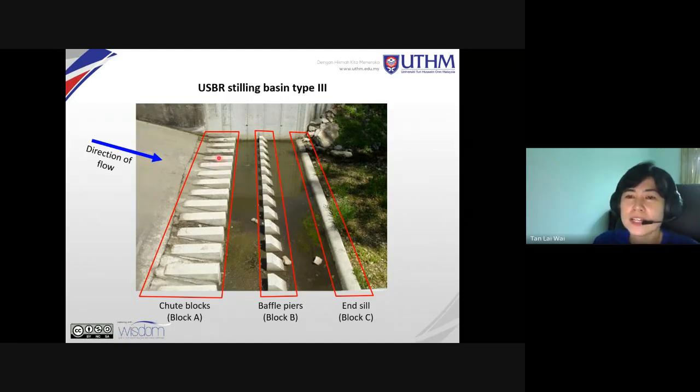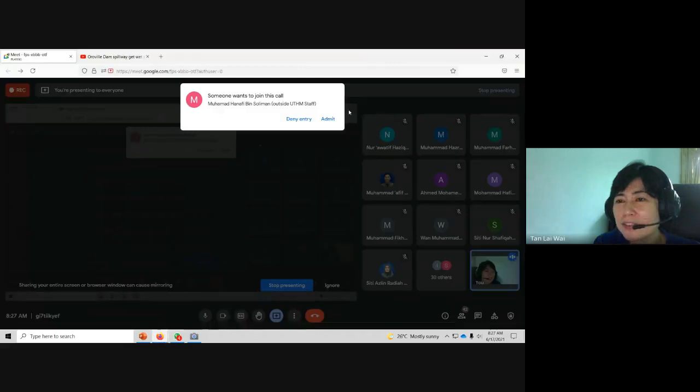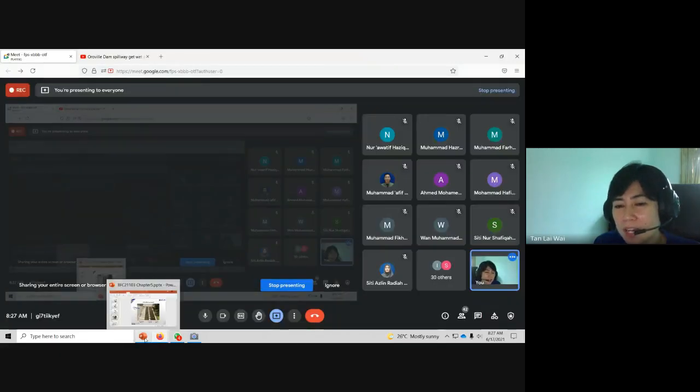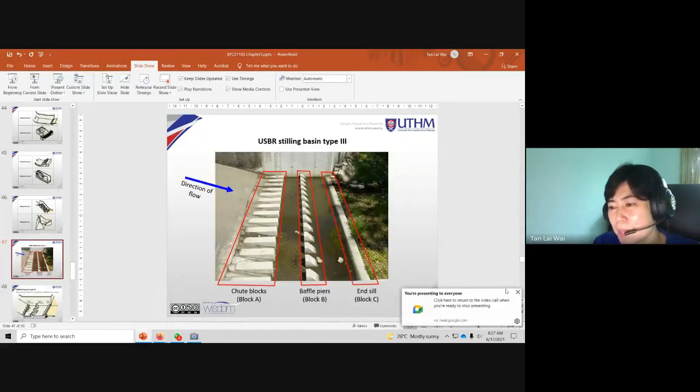Now, this set is known as the chute blocks. You have a lot of blocks here, chute blocks. Sometimes, to make our life easier, we'll just call it a set of blocks: block A, block B, and block C. It doesn't matter if you call them chute blocks, baffle piers, or end seal.